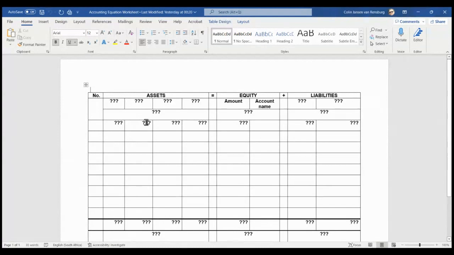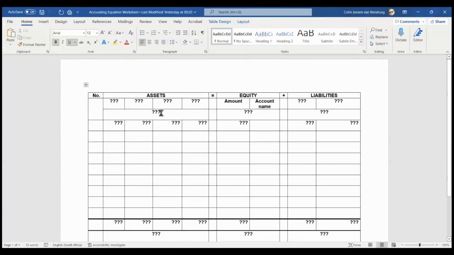Then that amount there will represent the opening balance at the beginning of the month for your accounts receivable account. Let's say this is your motor vehicles account. This is now a non-current asset called motor vehicles. Then there you'll have an amount, and that amount will represent the opening balance at the beginning of the month of that account called motor vehicles, right?